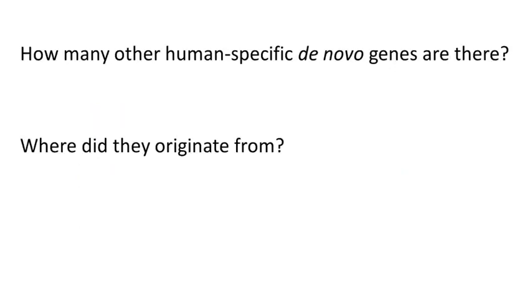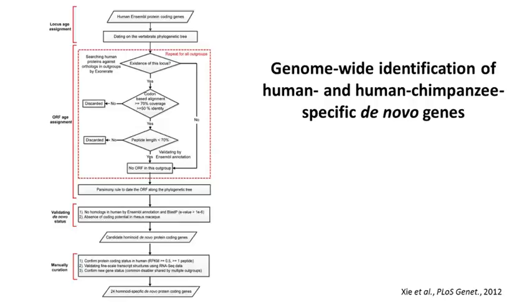So after we discovered a human-specific de novo protein coding gene, FLJ33706, we wondered how many other human-specific de novo proteins there are, and where they originated from. To study these questions, we first had to develop a bioinformatics pipeline for the genome-wide identification of human-specific de novo protein coding genes.